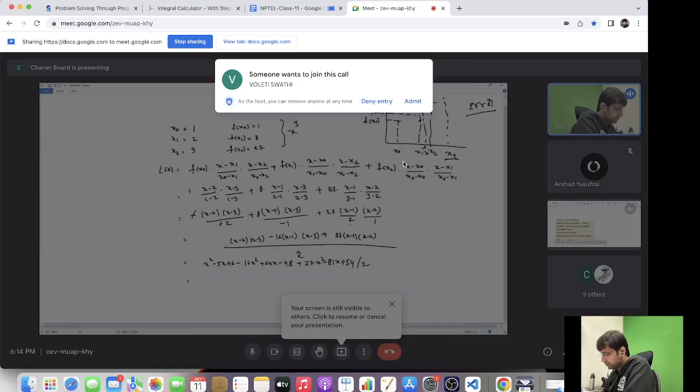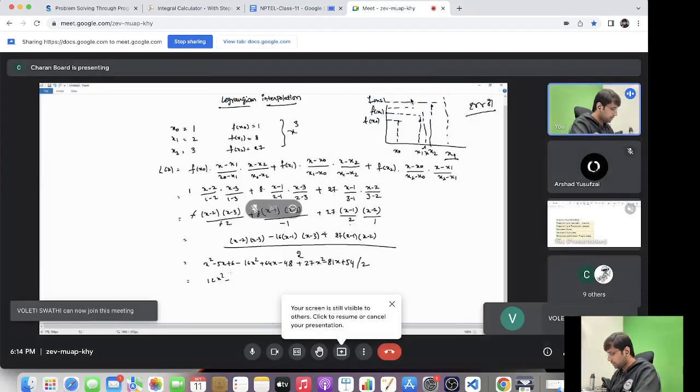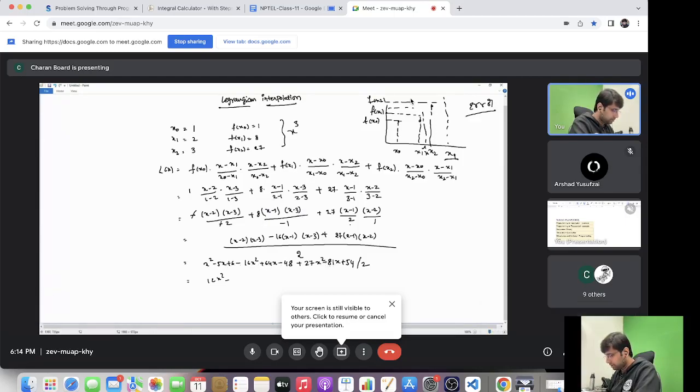So we will try to reduce: x square minus 16x square plus 27x square gives 12x square, and then the x terms: 64 minus 81 minus 5 is minus 22x, and the constants: 6 plus 48 plus 54 is 108, hmm, giving 12x square minus 22x plus 12.